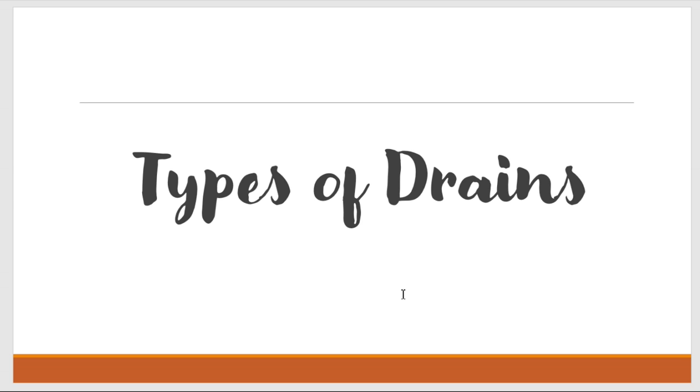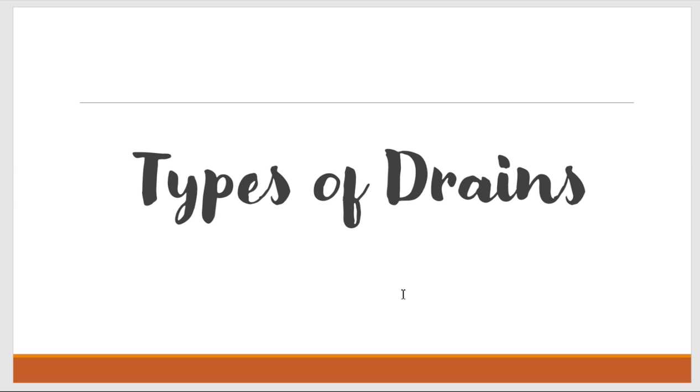Then what are the various different types of drains? How can we classify various types of drains? Materials we have discussed. In the previous video, we discussed the indications and associated complications of putting a drain.